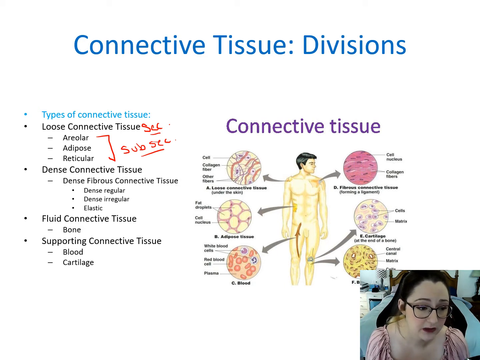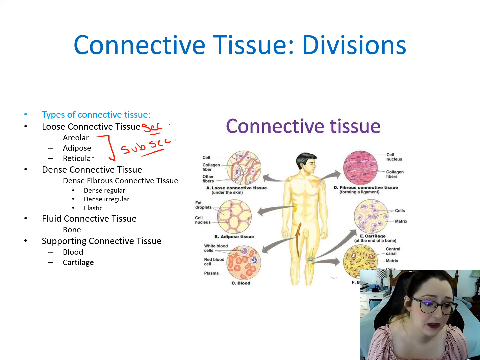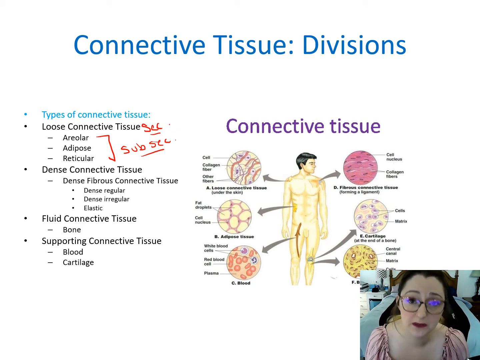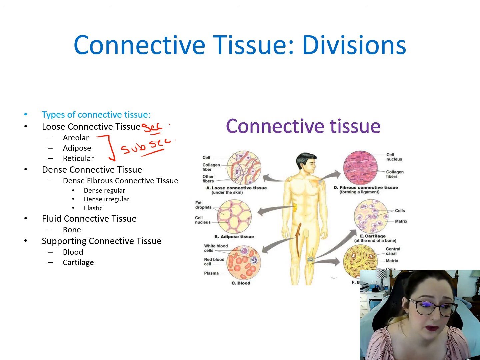The next section we have is dense connective tissue. Within that, we have dense fibrous connective tissue. That's going to include dense regular, dense irregular, and elastic. Next, we're going to have the fluid connective tissue, which is going to be blood. And then you have two supporting connective tissues.